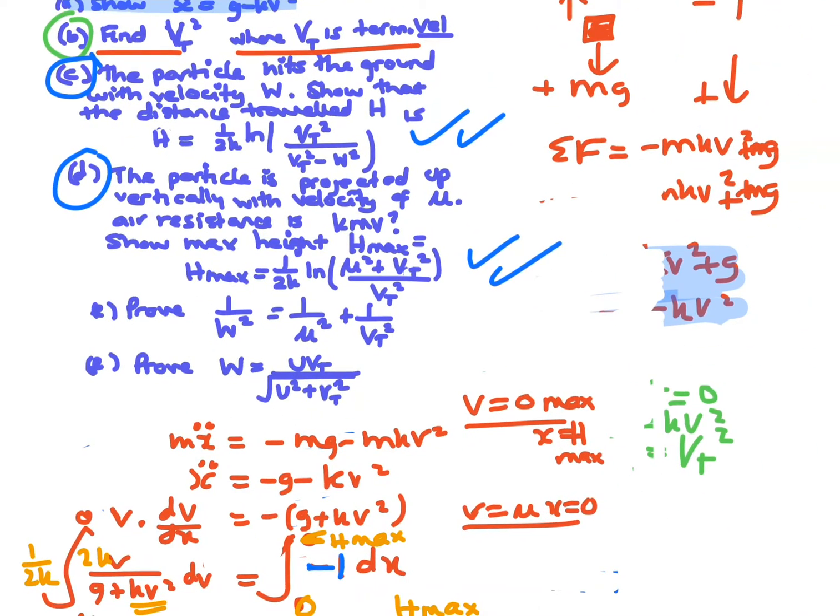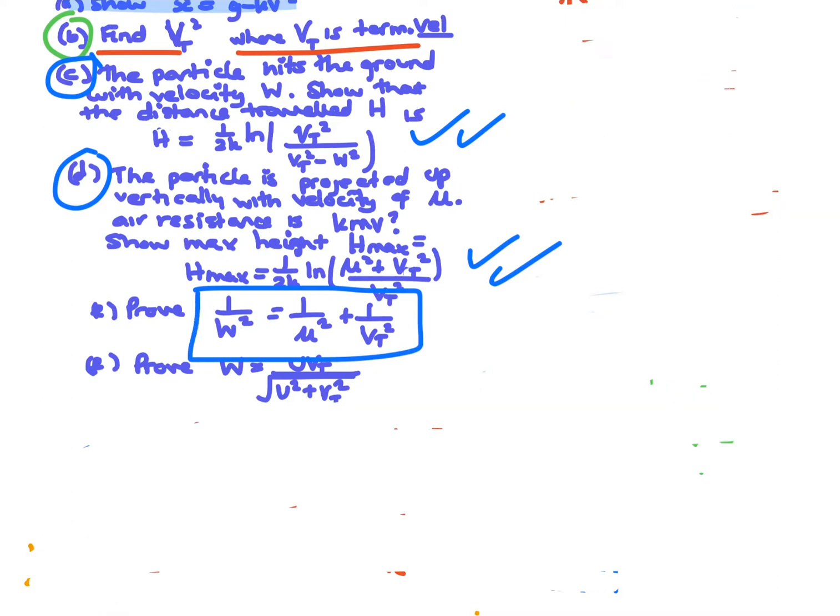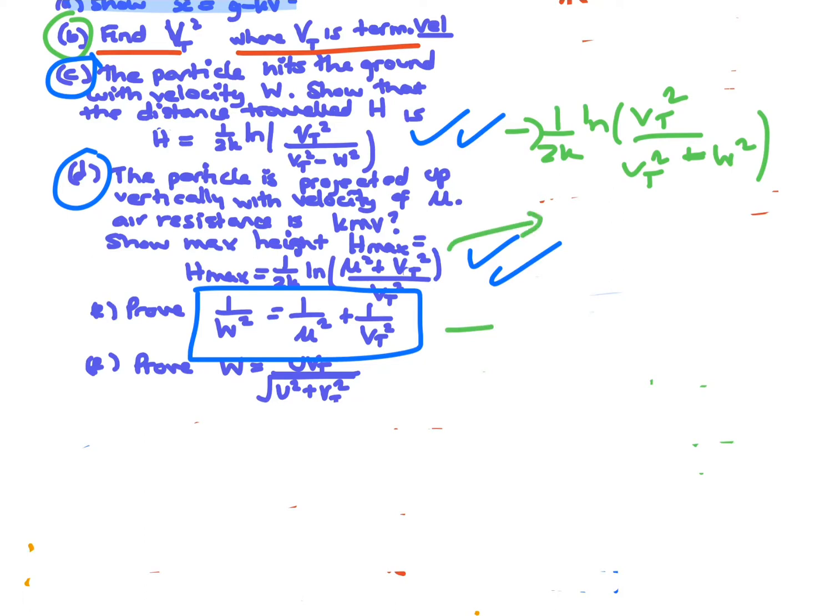Okay, and then the last part we want to do is manipulate this. So we want to prove that. In order to prove this, the height up will equal the height down. So that means that this one, which is 1 on 2k ln vt squared on vt squared minus w squared, would have to equal this one here, which is 1 on 2k ln mu squared plus vt squared on vt squared.